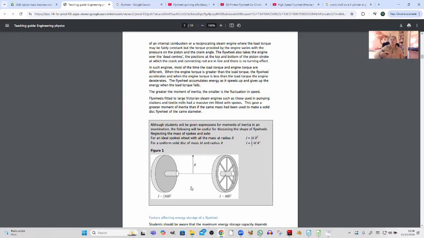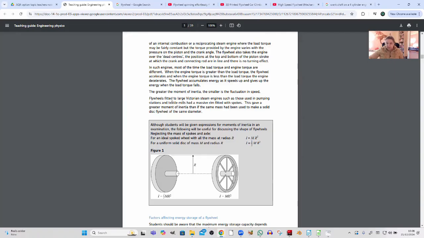And how that would mean that you could store more energy. There are quite a lot of questions like this, so you shouldn't think that flywheels are not important. They are very likely to come up.